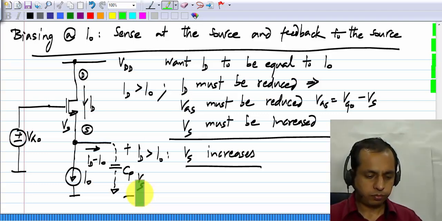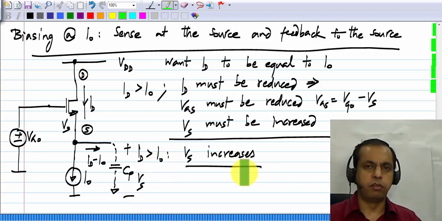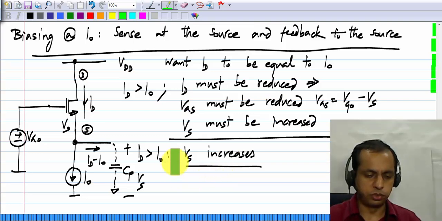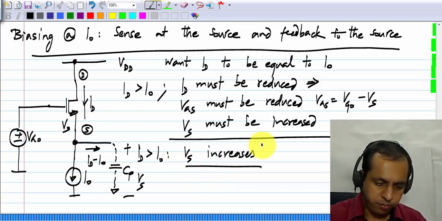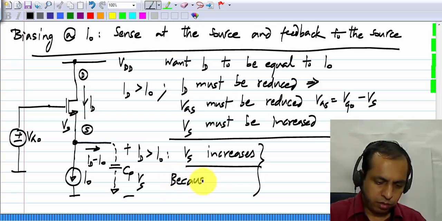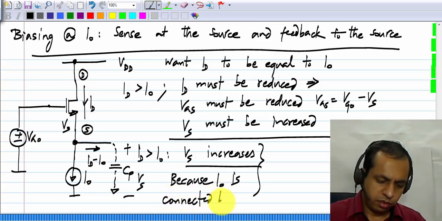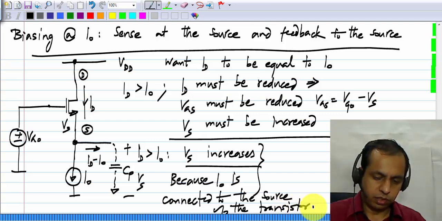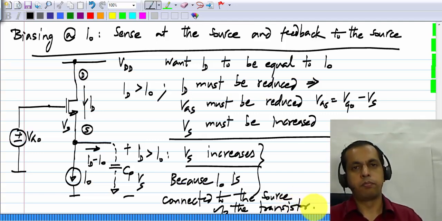So this happens just by virtue of connecting the current source to the source of the transistor.